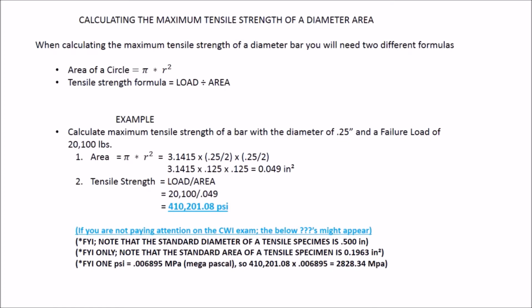Next, we're going to find the tensile strength, which is load over area. The load failed at 20,100 pounds divided by 0.049. The answer would be 410,201.08 pounds per square inch.